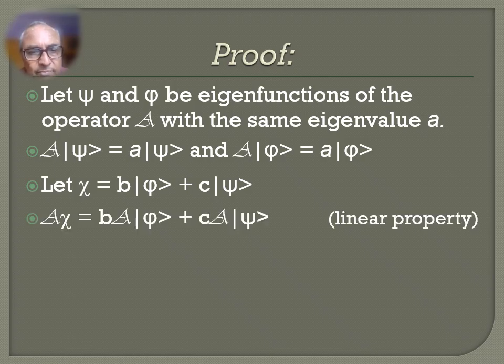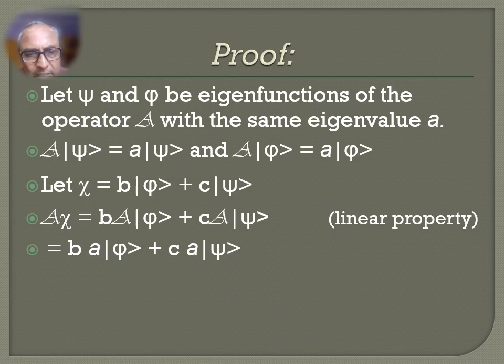Therefore, A operating on chi is equal to b times A operating on phi ket plus c times A operating on psi ket, from the definition of a linear operator, which is equal to b times A times phi ket plus c times A times psi ket.